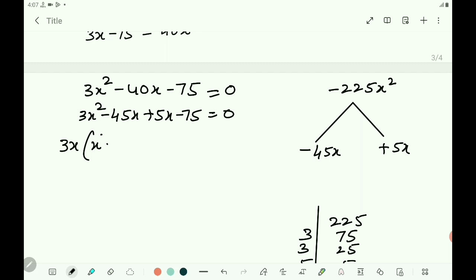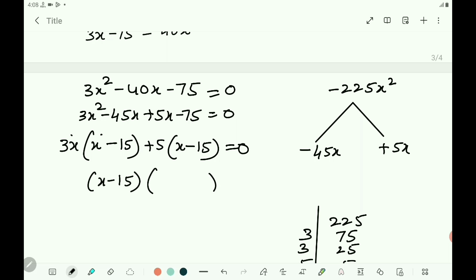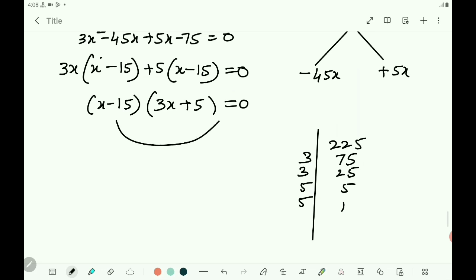In the bracket, x minus 15, plus here also 5 1s are 5 into x is 5x minus 5 equals 0. Here x minus 15, in one bracket you write x minus 15, in the other bracket 3x plus 5 equals 0. Equate each factor to 0.